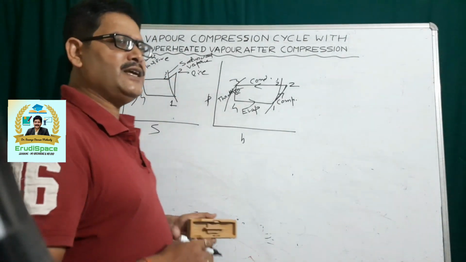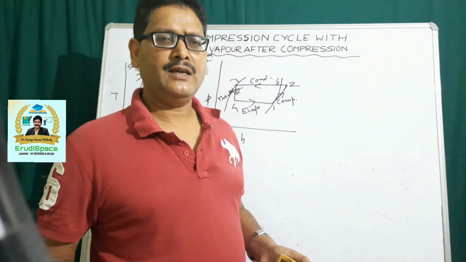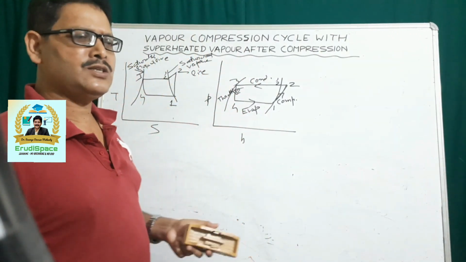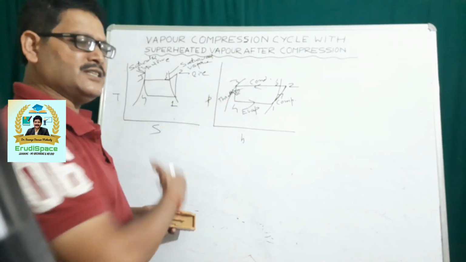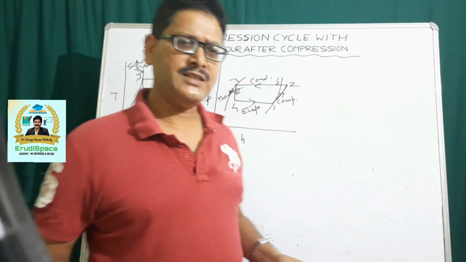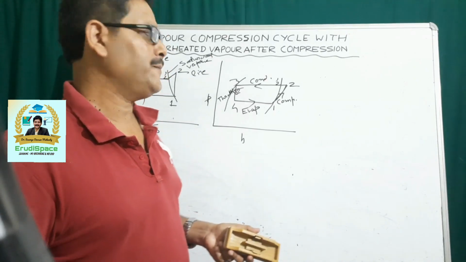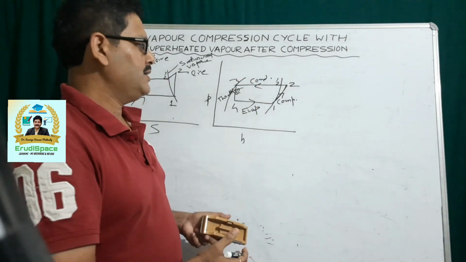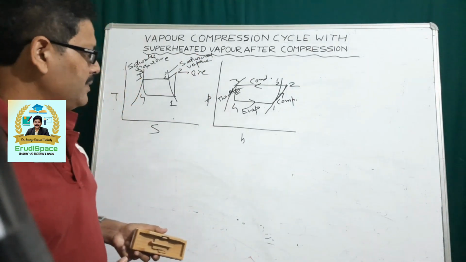And both the TS and PH diagrams actually represent the condition of the refrigerant at various stages, because refrigerant is the working substance which flows through components like your compressor, condenser, expansion valve and evaporator.